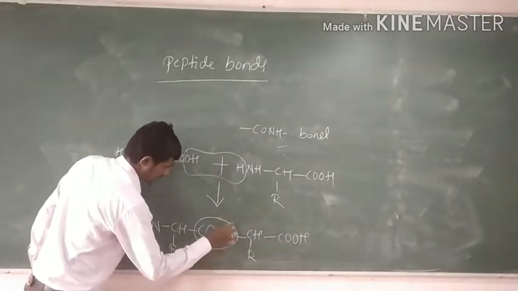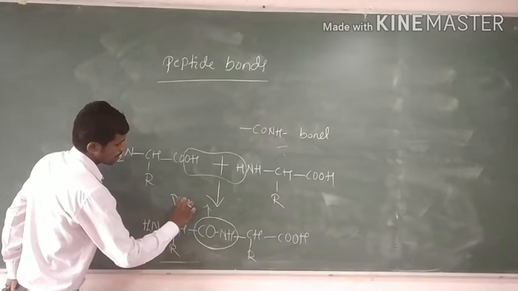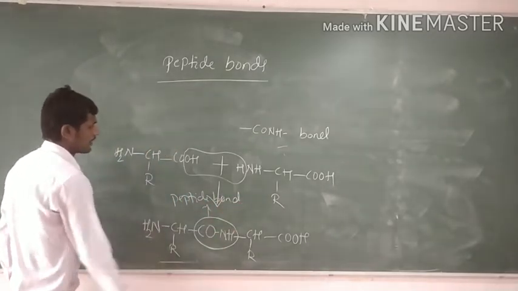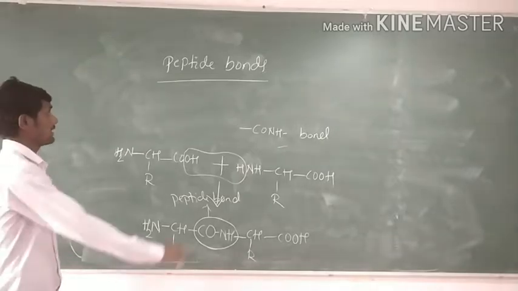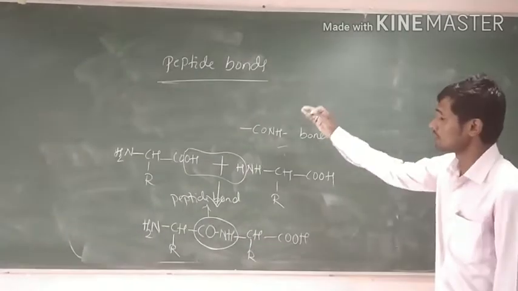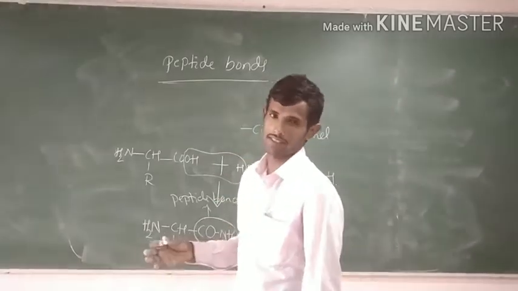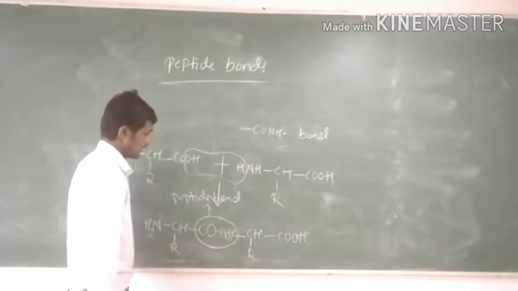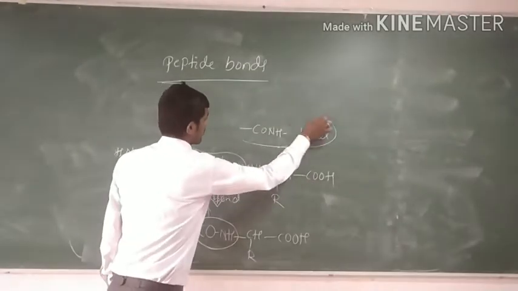This CONH bond is called a peptide bond. Therefore, we can easily define peptide bond as when one amino acid undergoes condensation with another amino acid and forms a CONH bond.